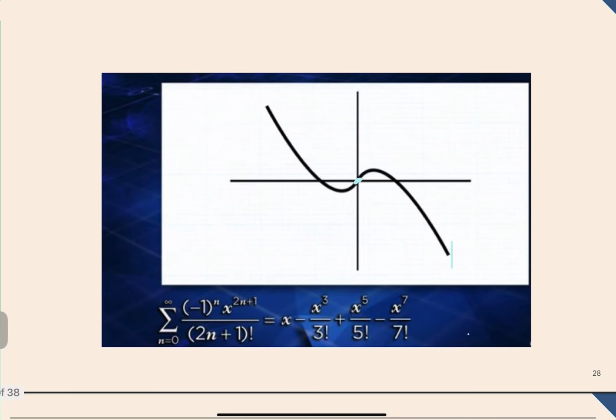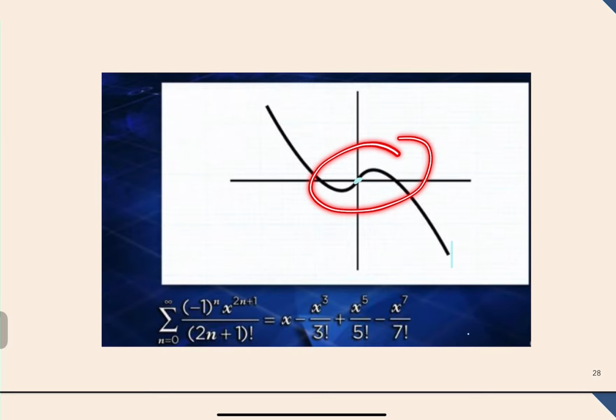Now, you might ask yourself, what do the first few terms of this series look like? The partial sum. So here's a picture of x minus x cubed over 3 factorial plus x to the fifth over 5 factorial minus x to the 7th over 7 factorial. It's a partial sum of that power series, and it's starting to look like sine x, at least around the origin, if you can remember the graph of sine x in trigonometry.